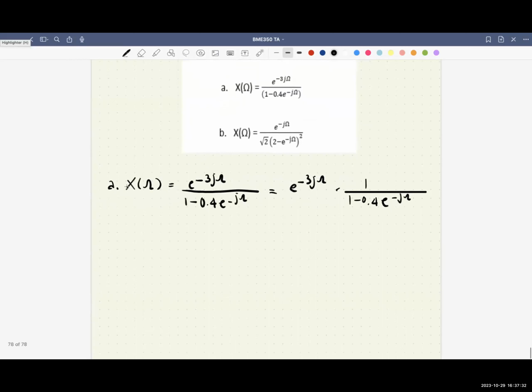So when I find my x[n], I have to apply the inverse discrete time Fourier transform.